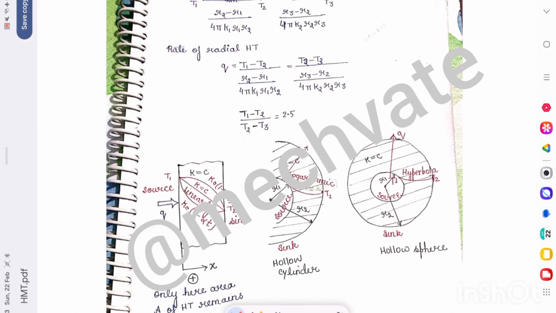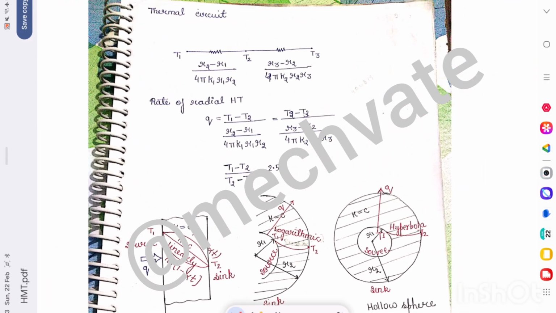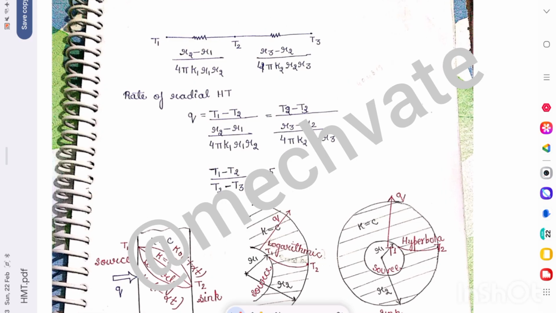So the thermal resistances between the layers T1, T2, T3 are: (R2 minus R1) over (4 pi K1 R1 R2) and (R3 minus R2) over (4 pi K2 R2 R3).